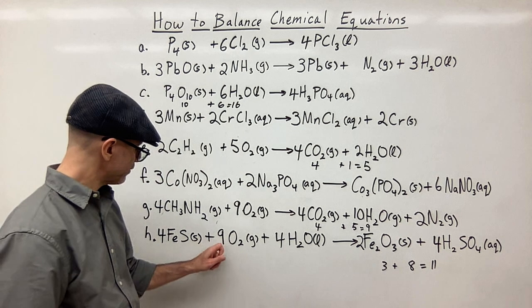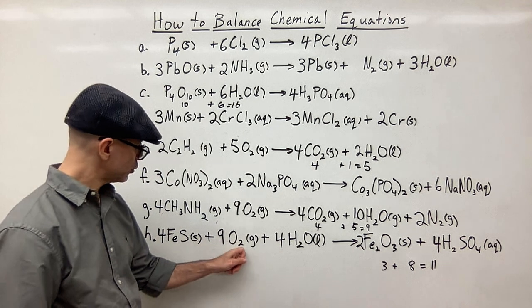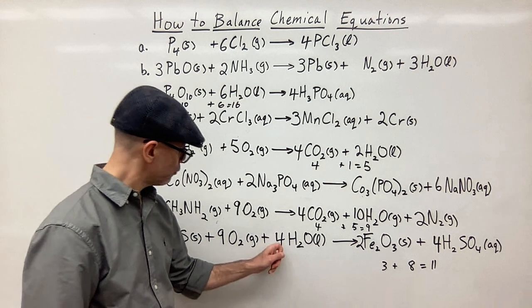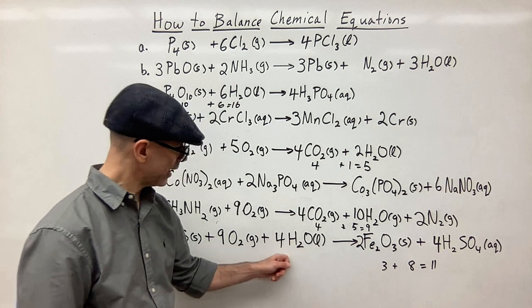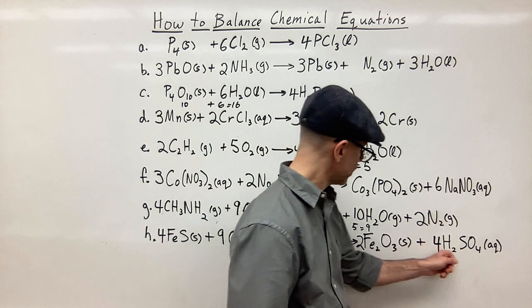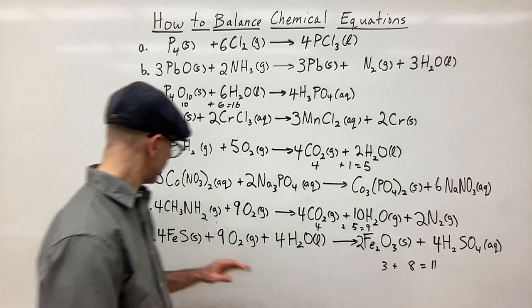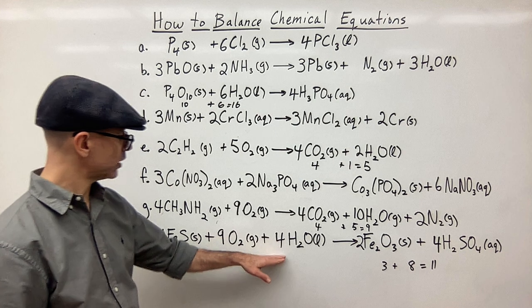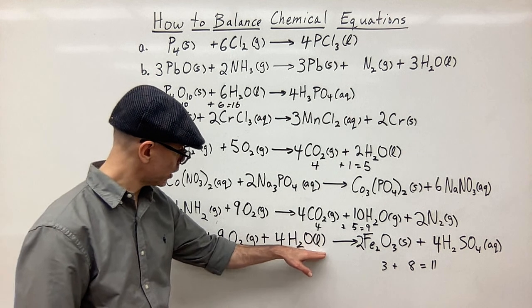And then here I have 9 times, well, we'll do the hydrogens first. So then here I have 4 times 2 is 8 hydrogen. And over here I have 4 times 2 is 8 hydrogen. And then the oxygens, I have 9 times 2 is 18, plus 4 times 1 is 4.